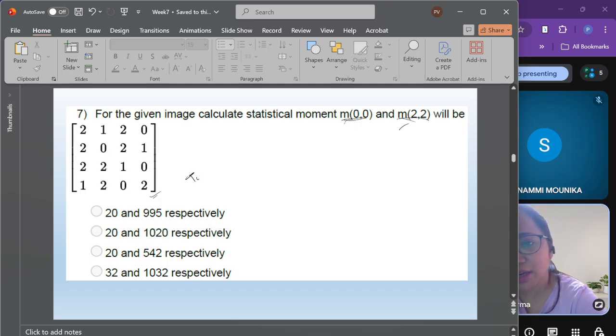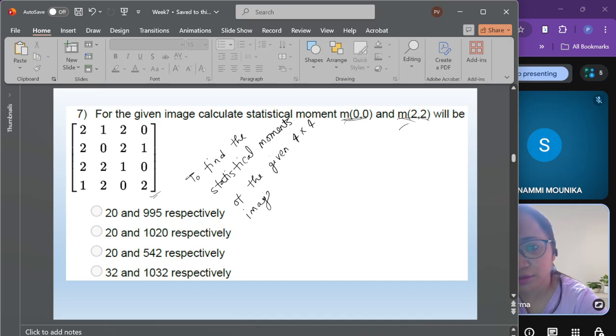So to find the statistical moment of the given 4 cross 4 image matrix, that is M, it is found by this equation: the sum over x and y of x to the p, y to the q, f of x y.